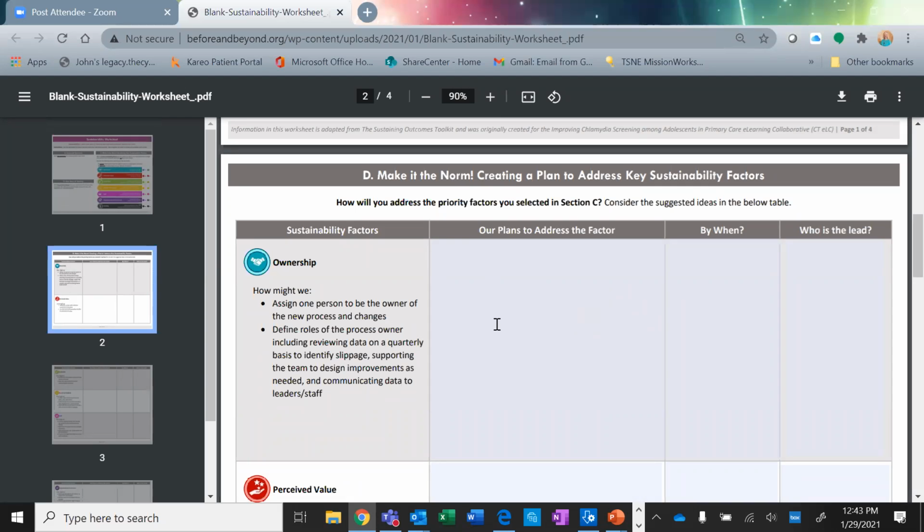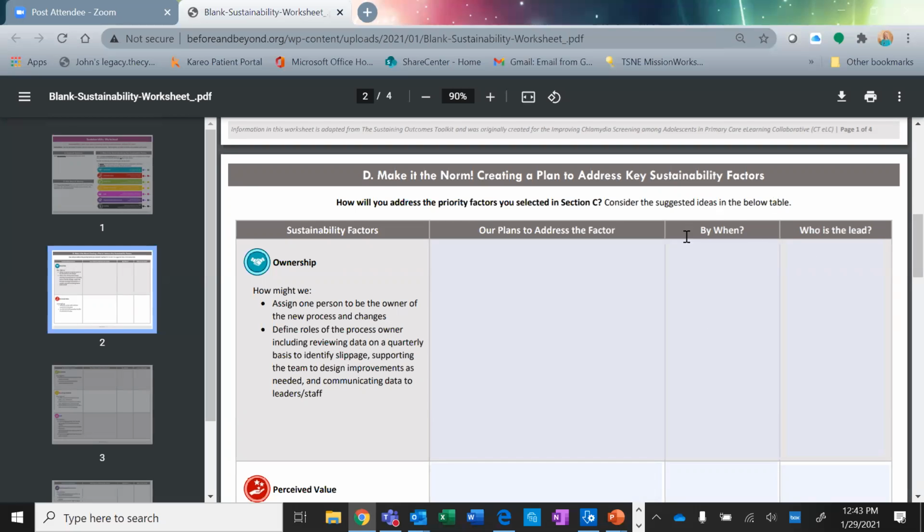Especially under plans, maybe they want to do some idea generation that day and write on sticky notes, then collect them and put them together. Or somebody is the scribe and they go around the room or ask for open feedback here. But thinking about ownership, you have some questions over there on the left. How might we?